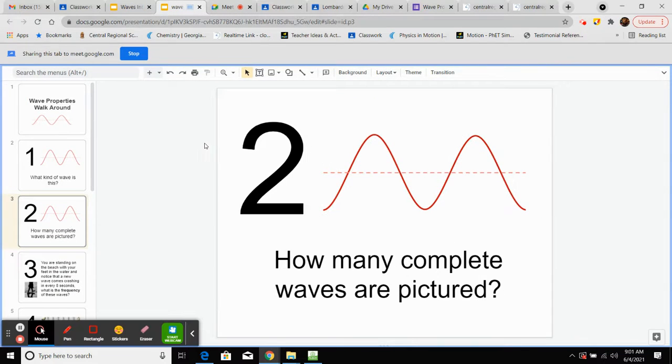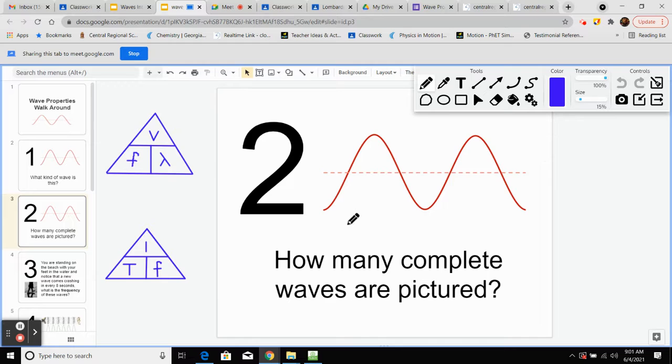Number 2, how many complete waves are pictured? 2. Here's why. Remember that for a transverse wave, it's going to be between any 2 points on the wave that are repeating.